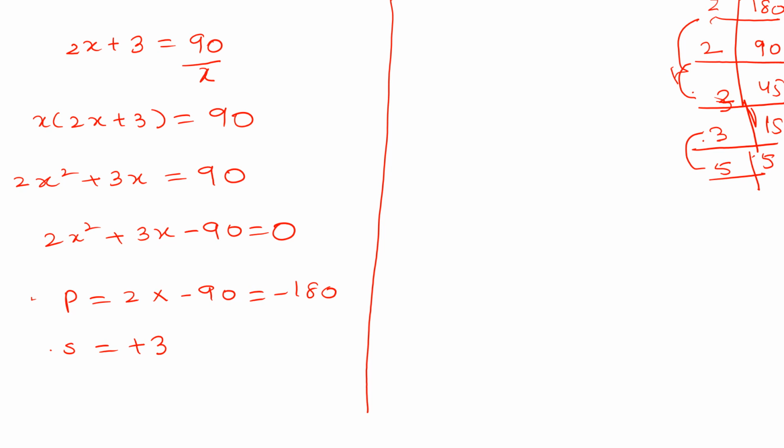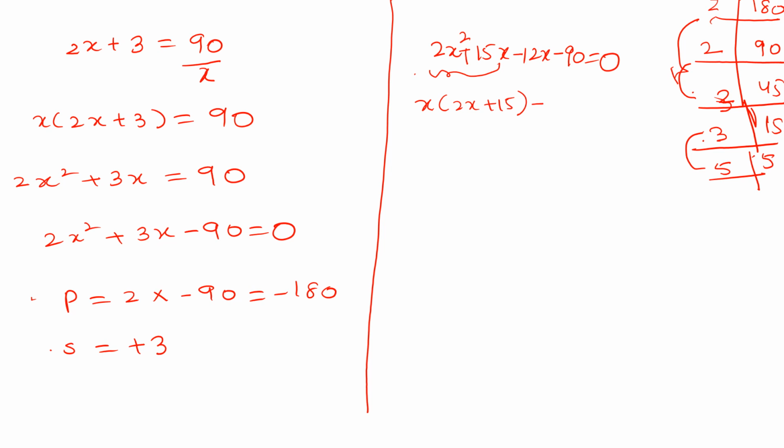So what can we write? We can split the middle term. 2x square, then plus 15x, minus 12x minus 90 equal to 0. Now from the first two terms we can take x common, so 2x plus 15 will remain.